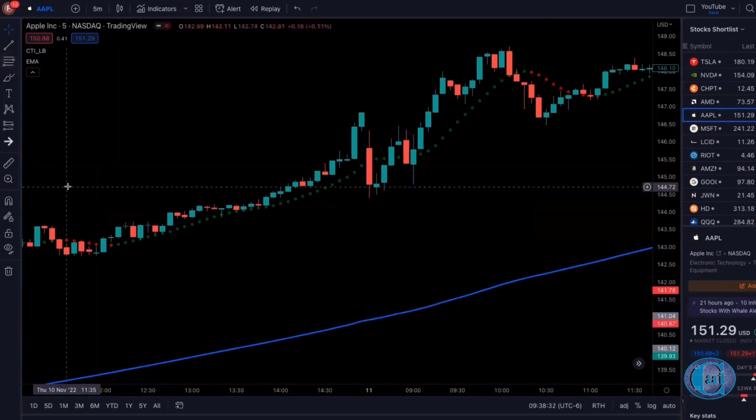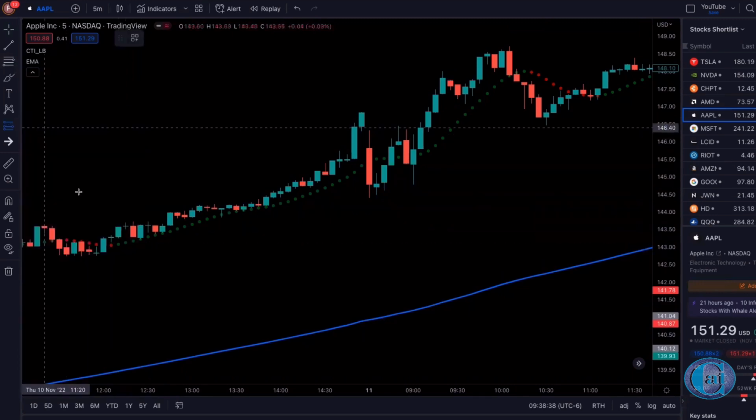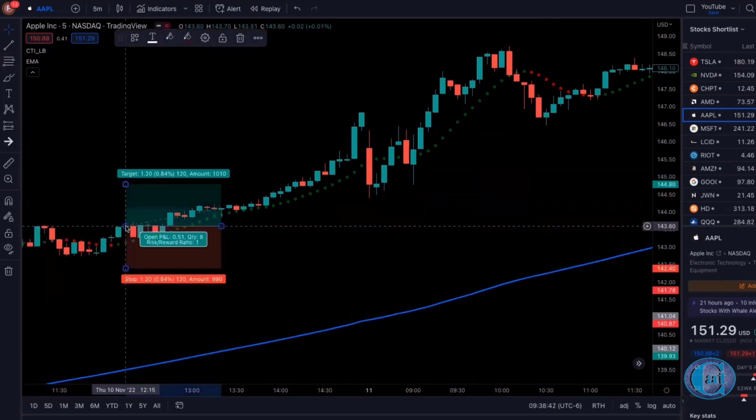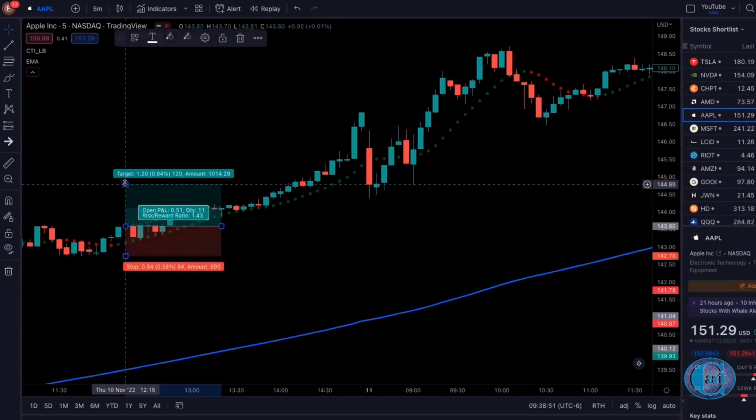Okay. So trigger candle, entry candle, those rules are met. You get into a long position right here on the second candle. The stop loss on this, what I usually do is go ahead and put it below the recent swing low and with a risk to reward of 1 to 1.5.